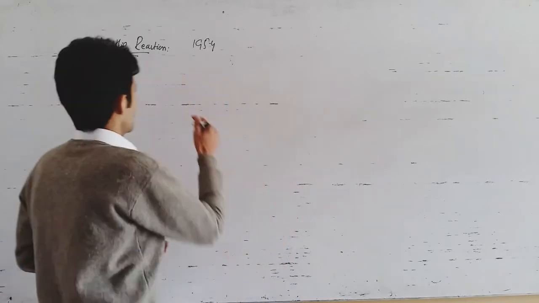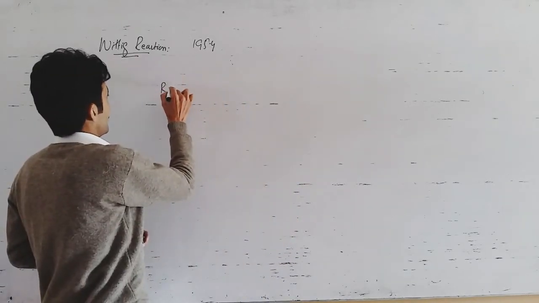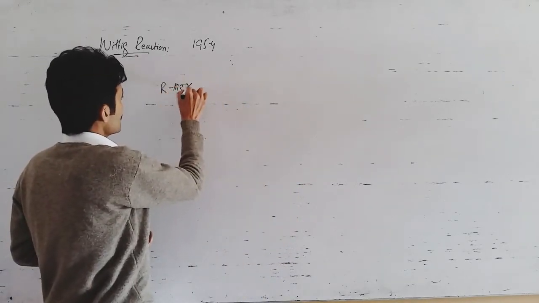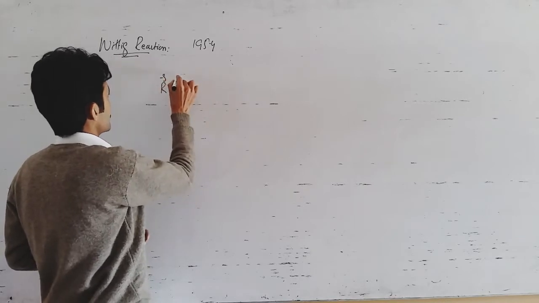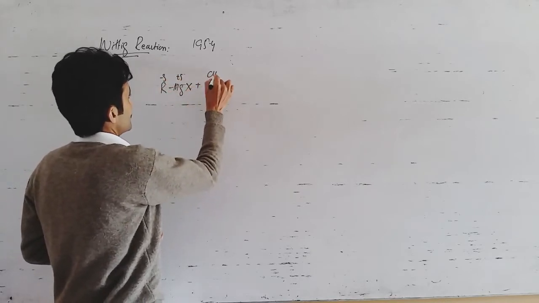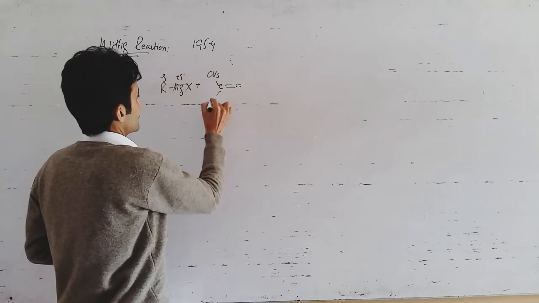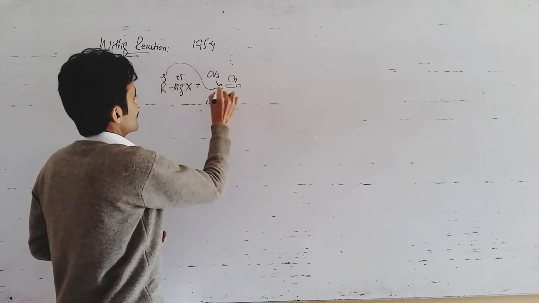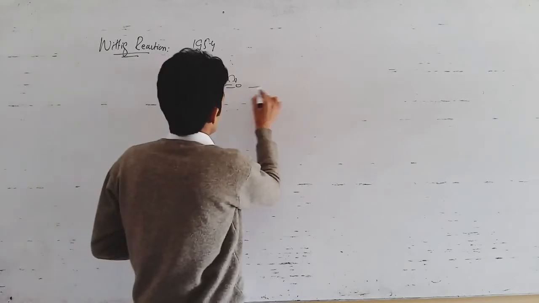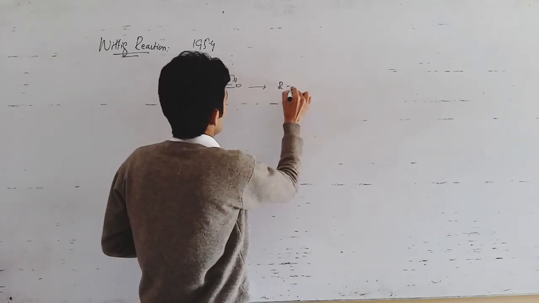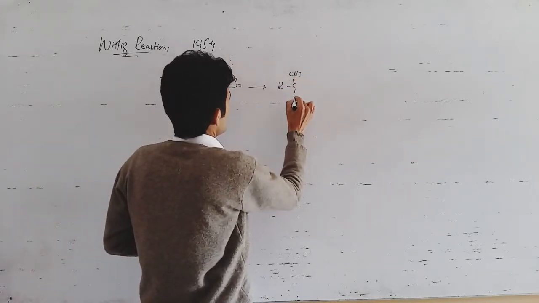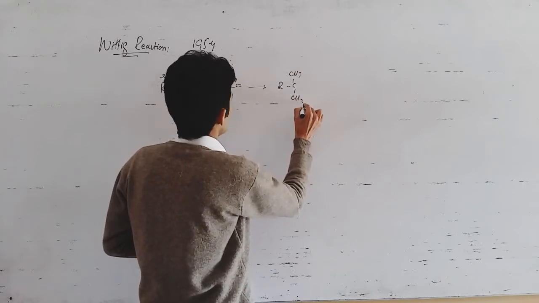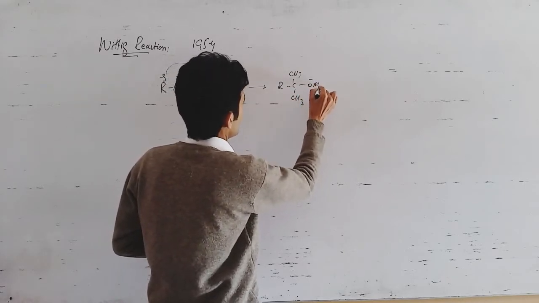Earlier we studied that when RMgX, a Grignard reagent, reacts with a carbonyl compound such as acetone, it gives CH3O-MgX.